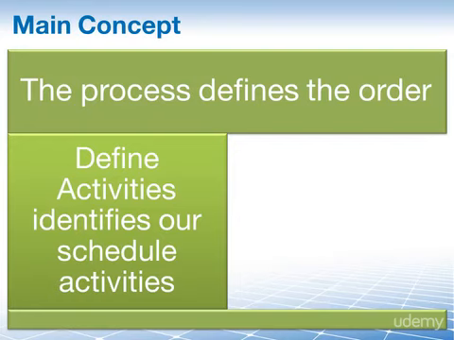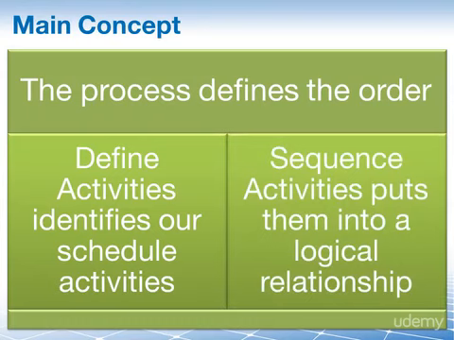But in what order? The process here defines the order. The logical relationships between the activities is what you analyze in our process here. We identified our activities in define activities and in sequence activities, right now we're going to put them into a logical relationship, into a logical order.